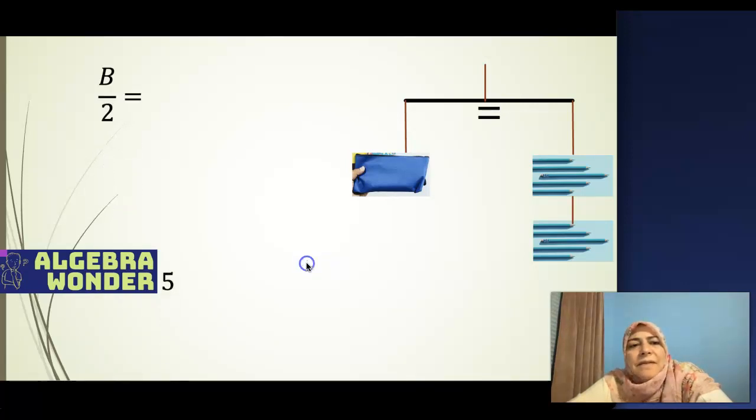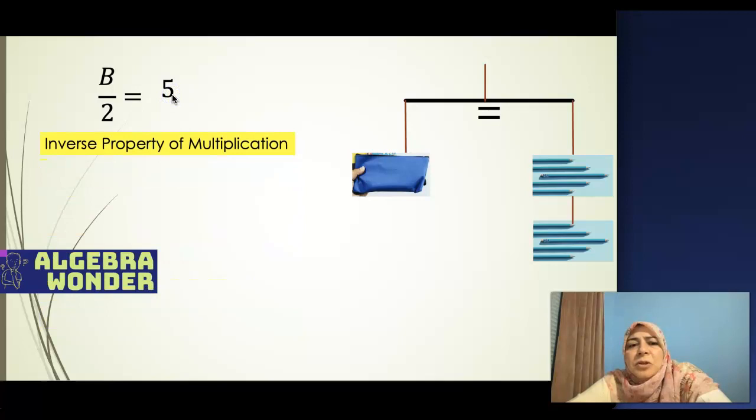Again, I have half a bag. So bag divided by 2 is half a bag, balanced with 5 pencils. I'm going to use the inverse property of multiplication again. You can write it like that. And again, if you multiply a number by its reciprocal, it gives you 1. So what is the reciprocal of 1/2?